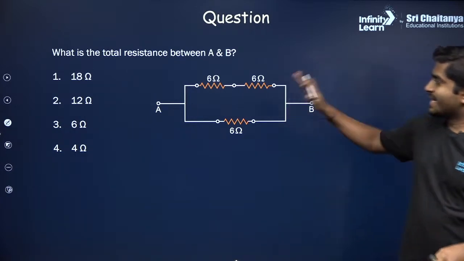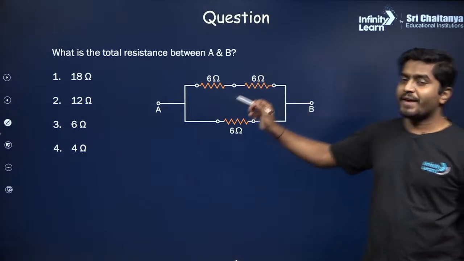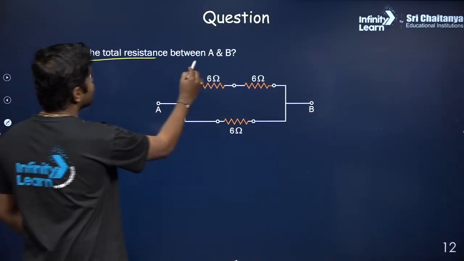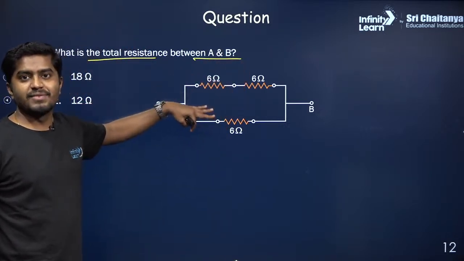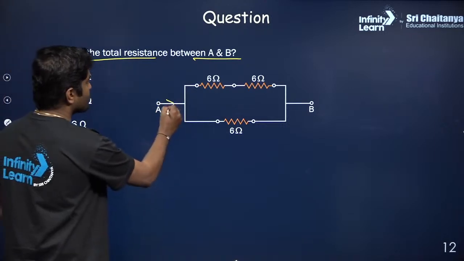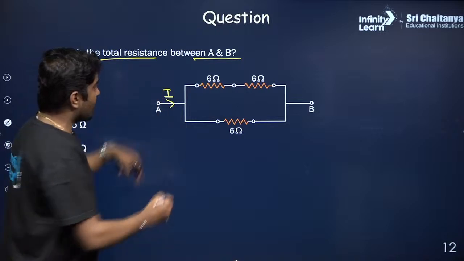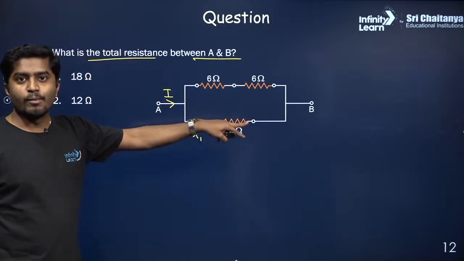So okay, here there is a point A and point B. We want to find out the total resistance value between A and B. Now just try to understand this figure. Let's suppose the total current I is flowing through it. Some current, let's say I1, is passing through the 6 ohm resistance.